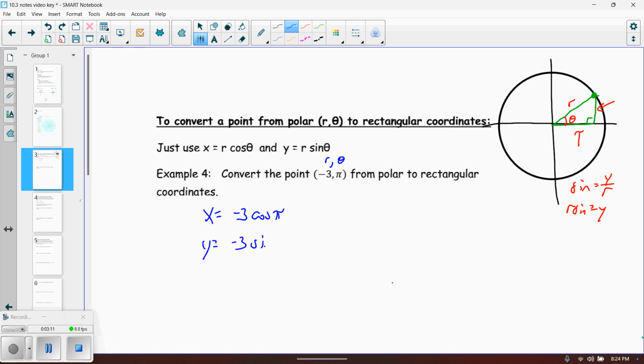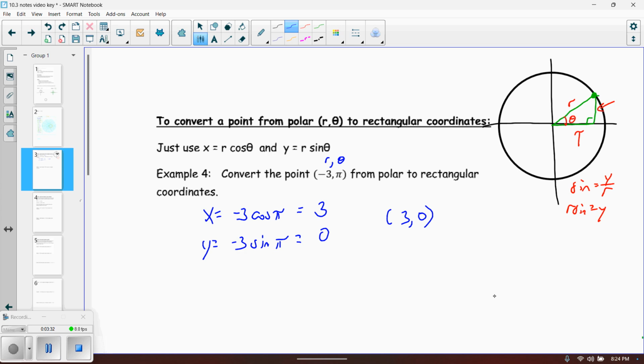So again, you just kind of have to know your trig values here. Cosine of pi is -1. -1 times -3 is +3. Sine of pi is 0, so 0 times -3 is 0. So that is the point in rectangular coordinates, 3, 0.